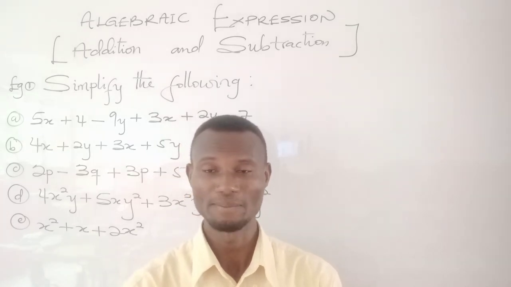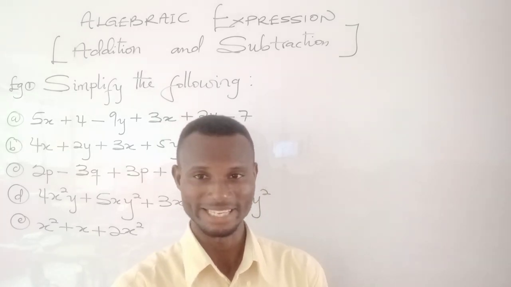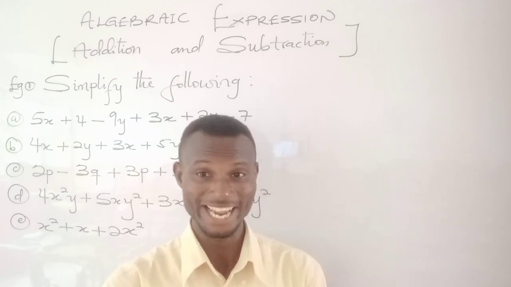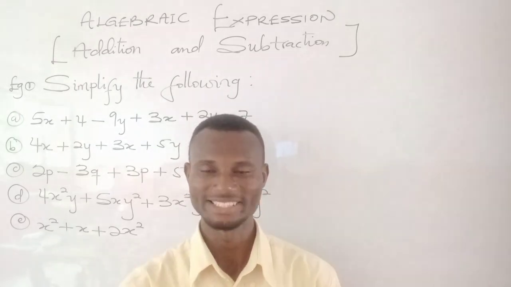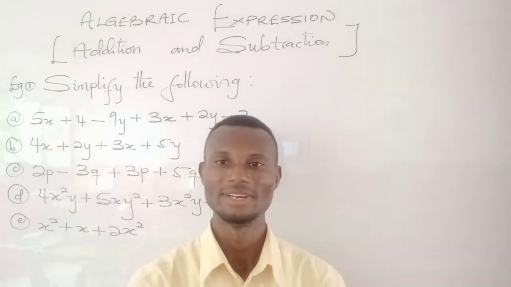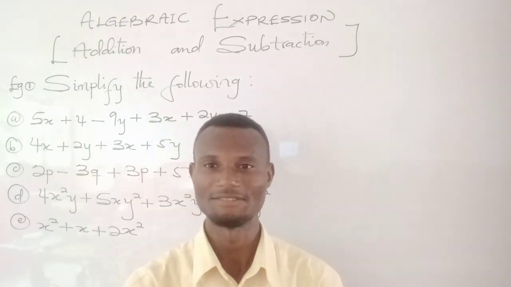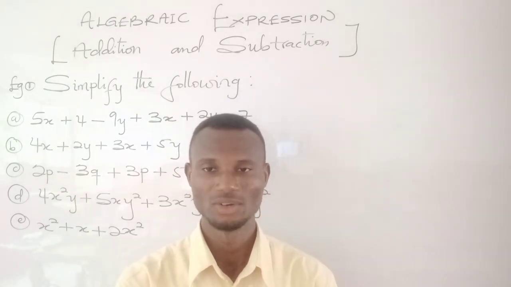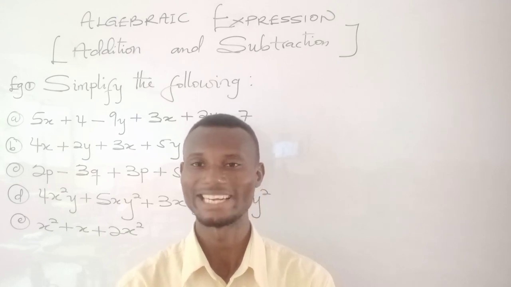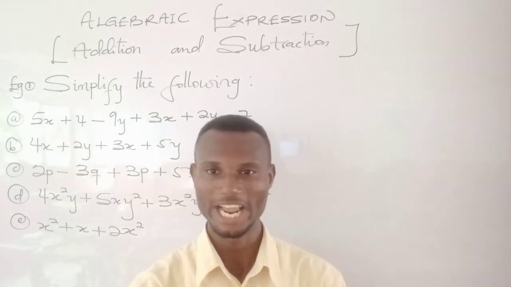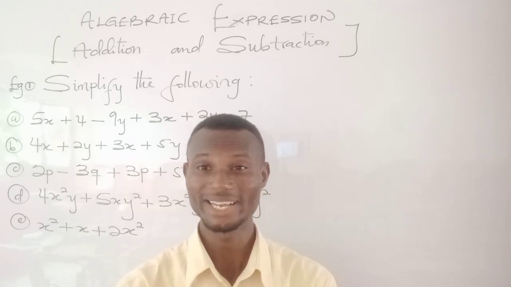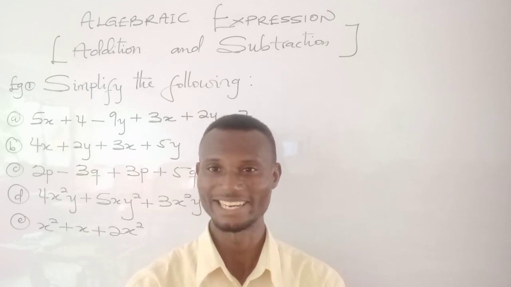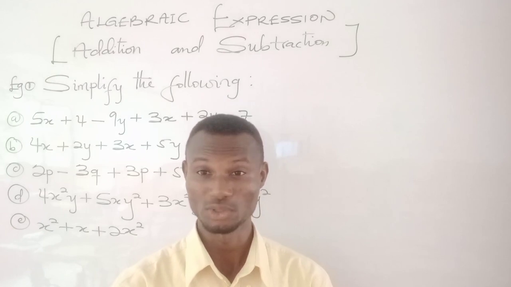Of the same kind means that if the variable is a, the next variable also has to be a. Now, of the same nature means that they need to have the same power. The variables have to have the same power before we can consider them to be like terms for us to add or subtract. I hope the explanation is clear enough up to this point.